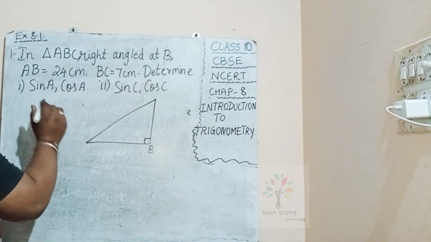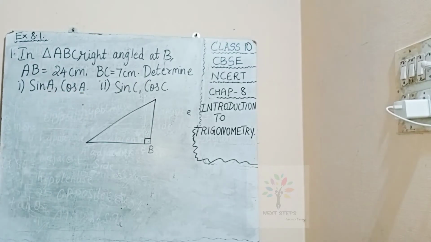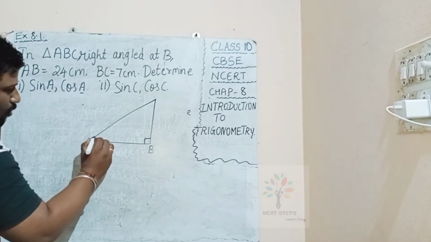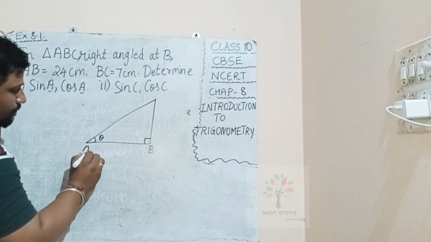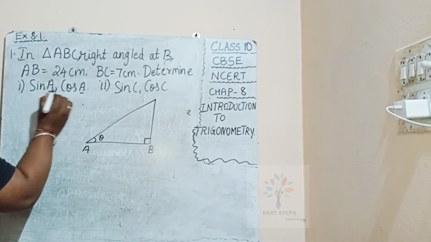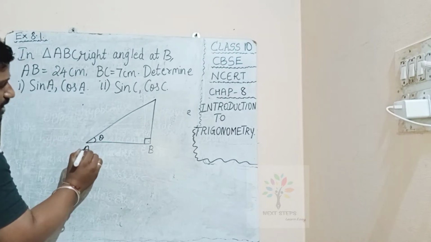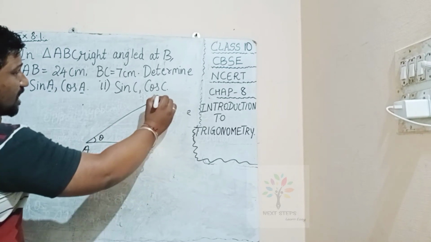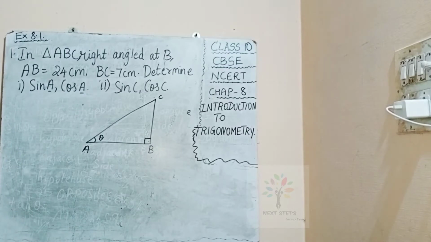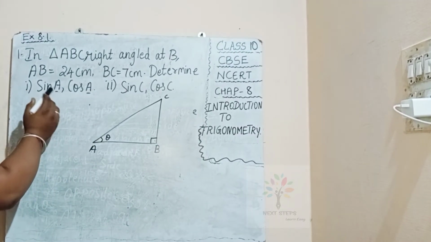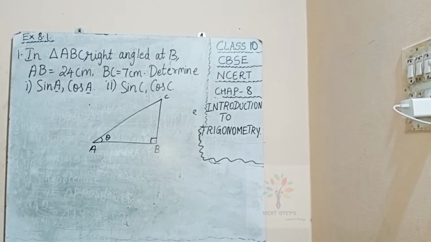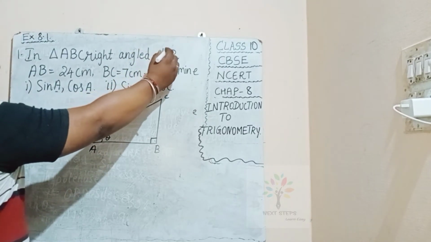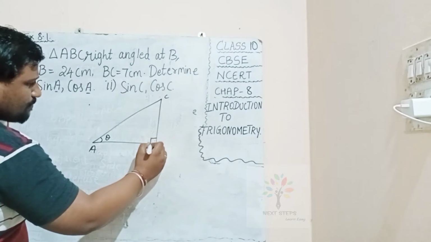The first thing we have to find is sin A and cos A. Sin A means we have to mark the theta with respect to A. So I can write like this: A, B and C. In the first subdivision we have to find sin A and cos A. First we have to draw a right angle triangle, and it is right angled at B, so I am making B the right angle.